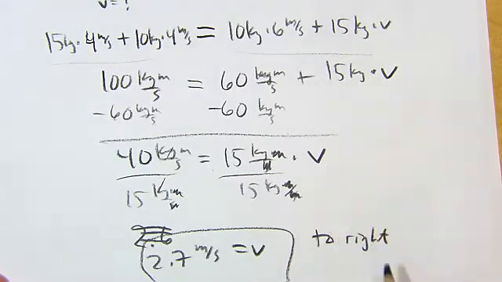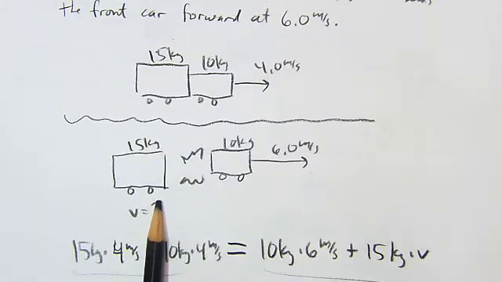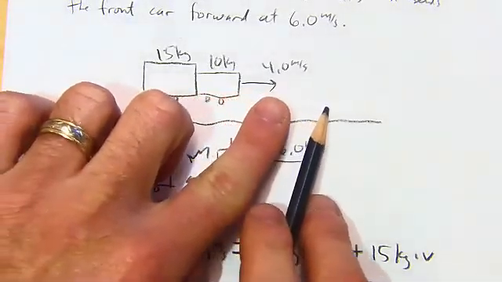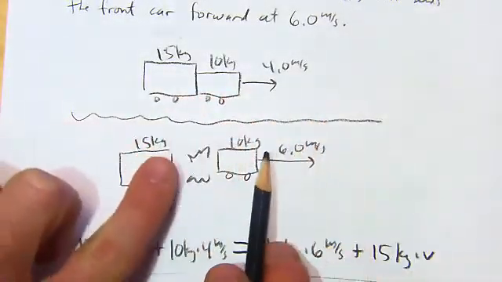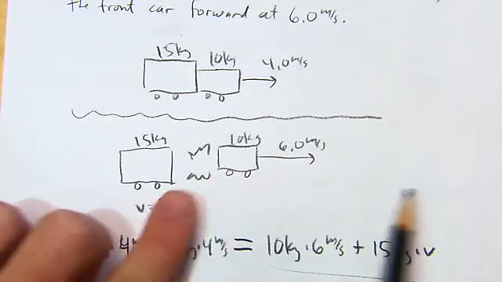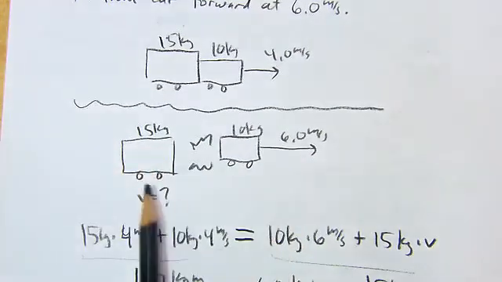Because it came out positive; if it would have been negative, it would have been to the left. So this car will basically slow down. They're both moving along at 4. The explosion happens, this front one shoots out at 6, and this one will keep going forward, but it's going to go slower. So this one gets shot out, but this one slows down because of the impulse.